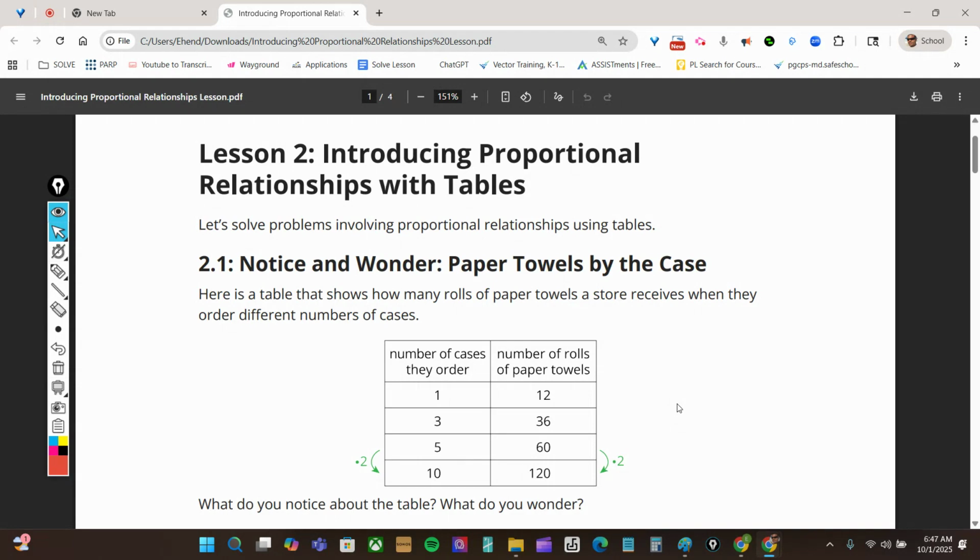Here's a table that shows how many rolls of paper towels a store receives when they order different numbers of cases. All right, what do you notice? Take a moment to do that.